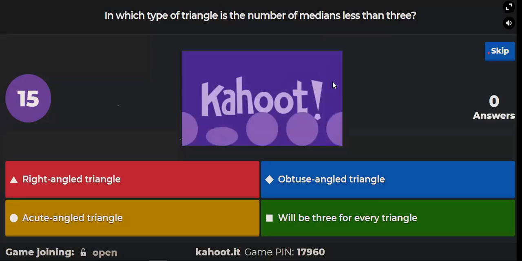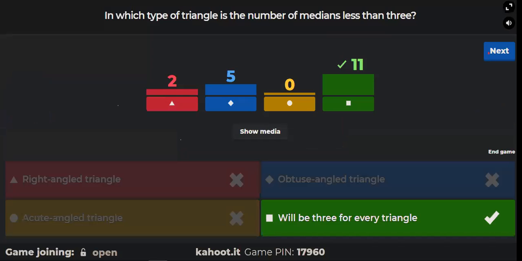Let's see what's the answer. How come median will be less than 3? It's not possible, right? That's discussed it, right?